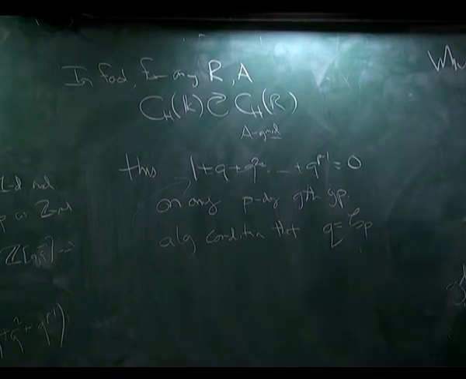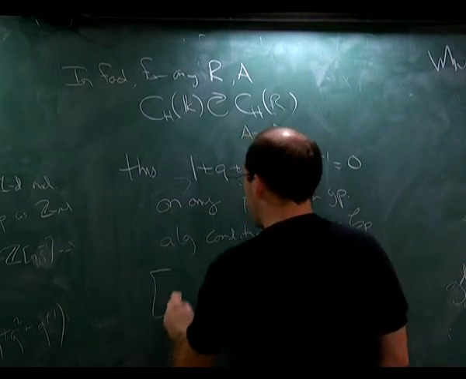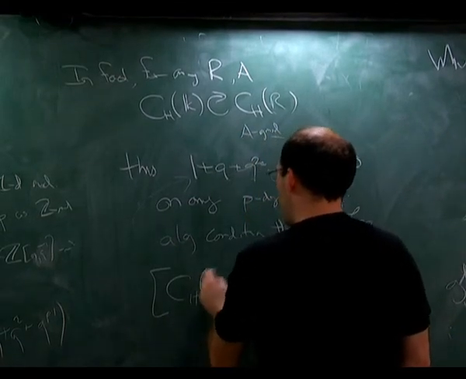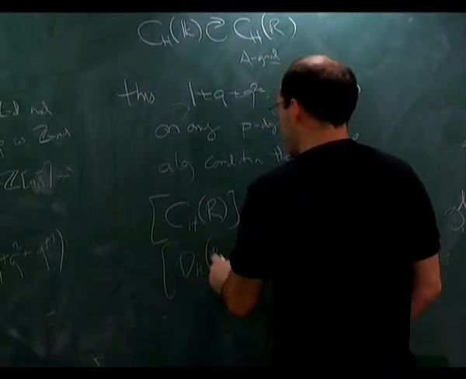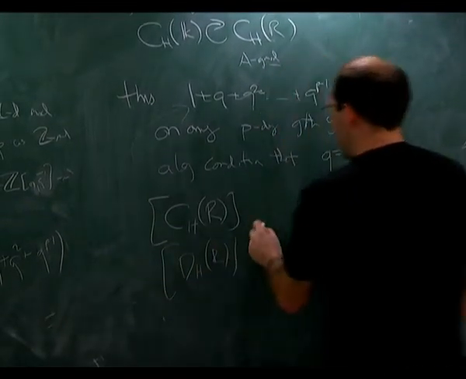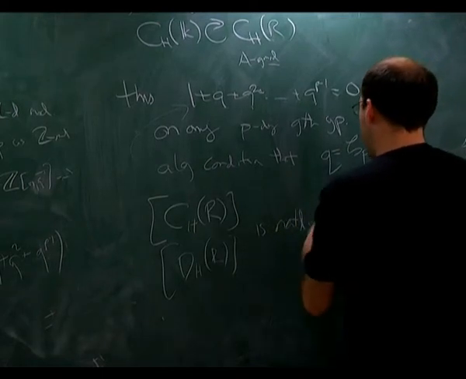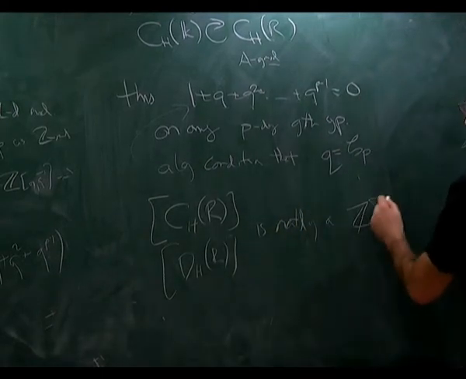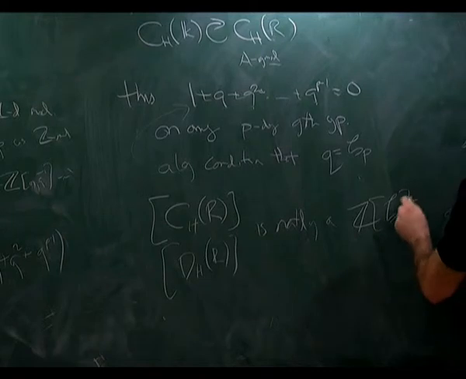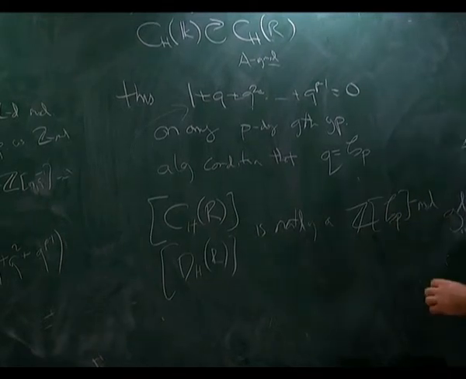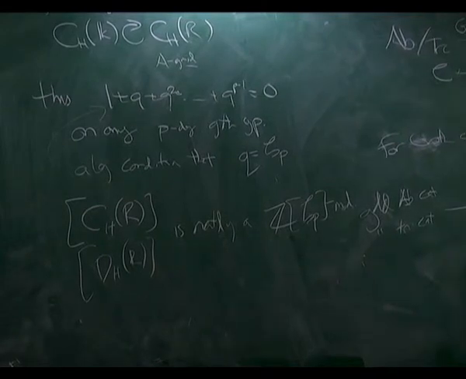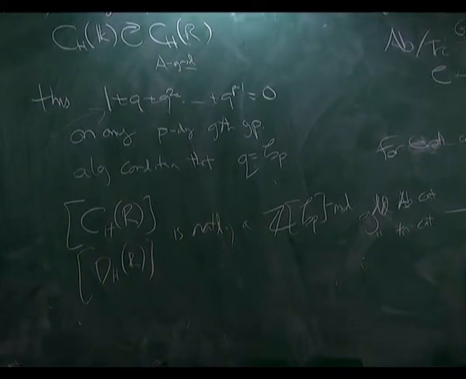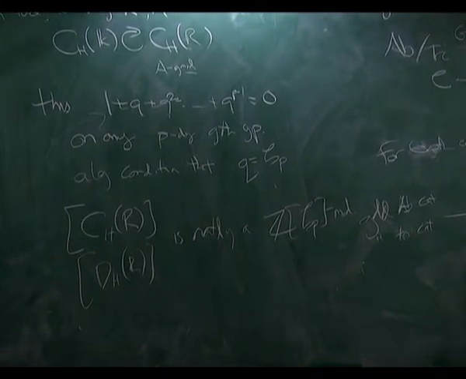So our statement is that the Grothendieck group of any pdg category, or also the derived category, is naturally a module over Z adjoined a p-th root of unity. This is sort of the first way in which p-th roots of unity have been categorified.